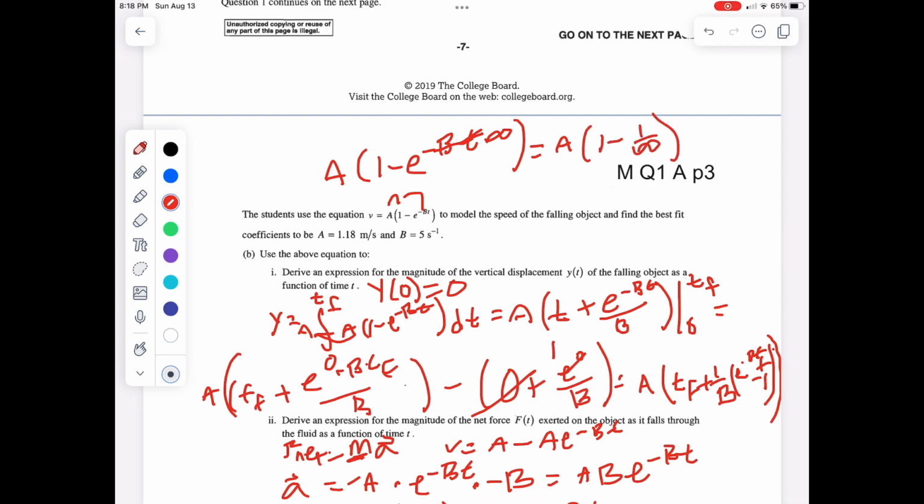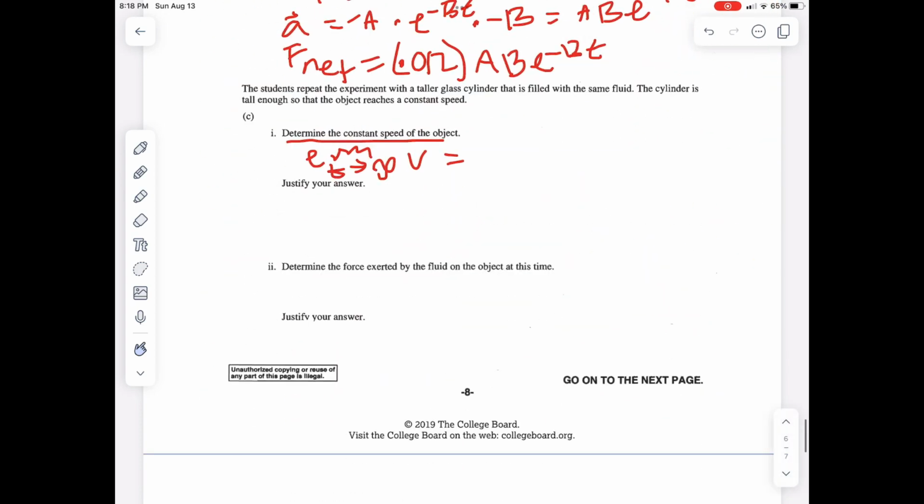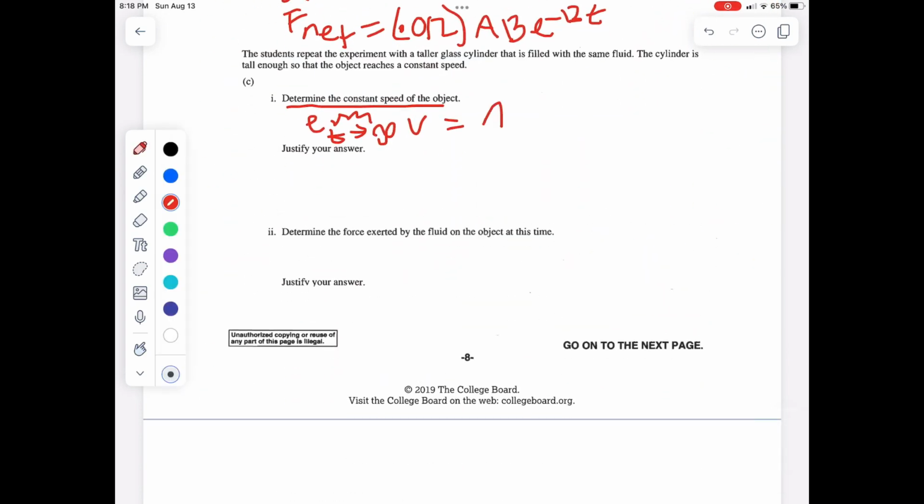Well, we know 1 split into an infinite amount of groups, that's just 0. So then I'm left with a times 1 minus a times 0, so of course I'm just left with a. So I'm going to say that this is a. And I guess really, this is the justification. So here I should actually just say a, or you could say 1.18 meters per second, and then I would do my limit as my justification.